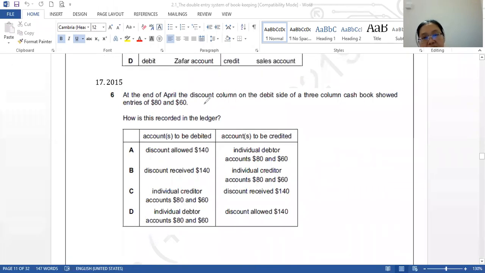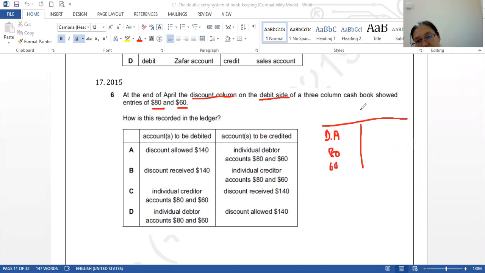At the end of April, the discount column on the debit side of a three-column cash book shows entries of 80 and 60. Okay, this means that your discount allowed has 80 and 60 in your cash book.